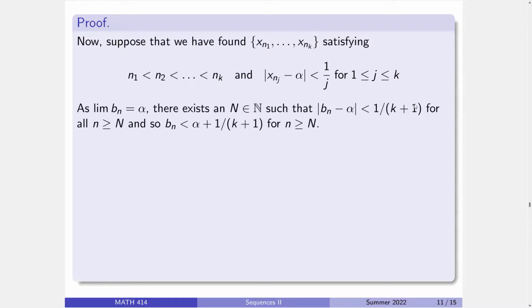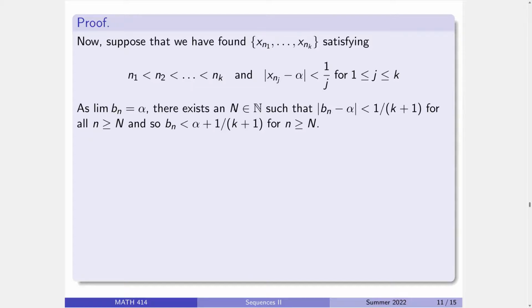Okay, now here's the tricky bit. Like I said, we need to guarantee a strict increase. So now we're actually going to use the fact that the limit of the sequence of b sub n's, which again, remember, these are the supremums of the tails, this actually converges.